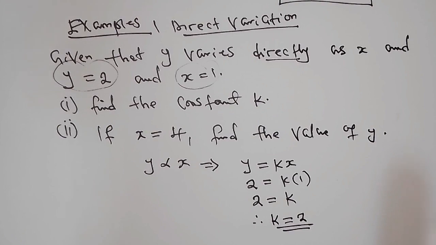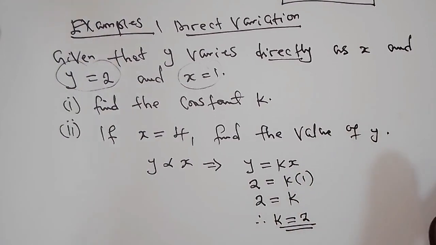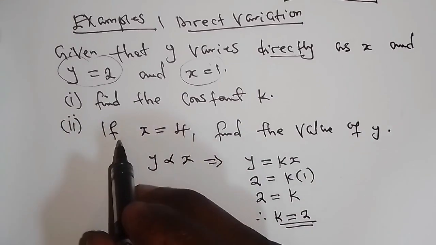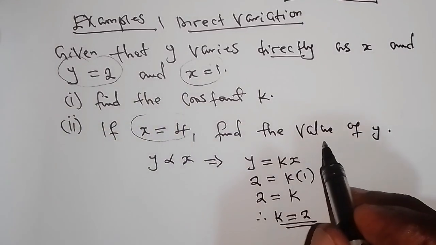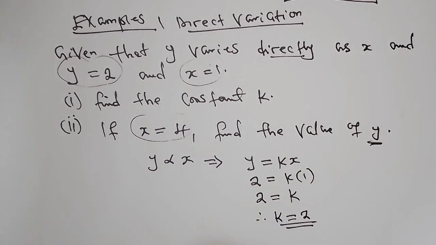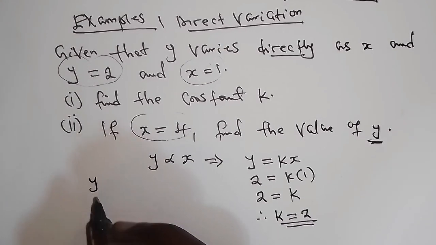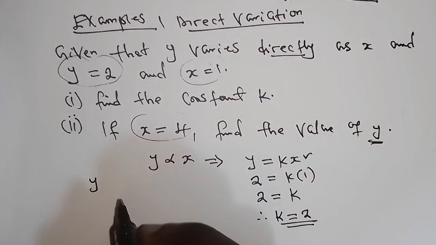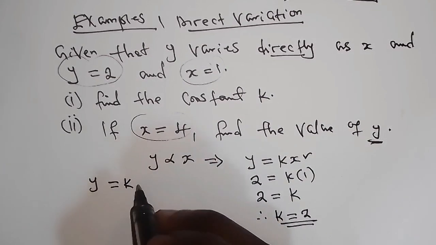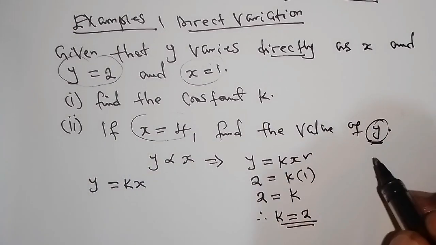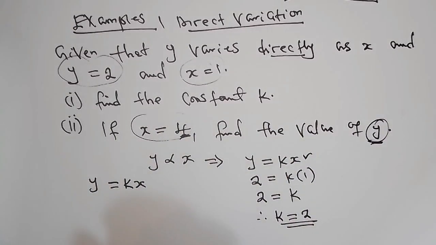So that's how you can find it. Now for the value, if x is 4, find the value of y. For this part, you must use the same equation, y equals kx. So we are finding the value of y given that x is 4.